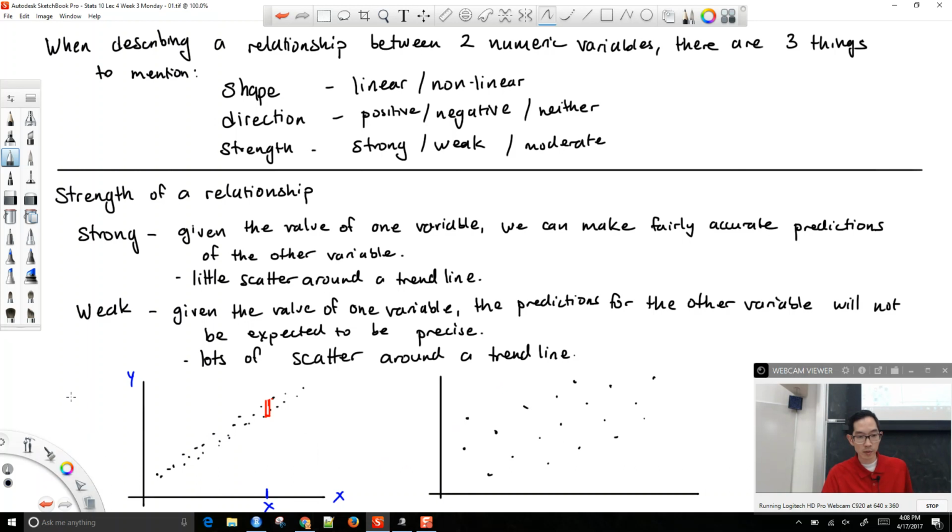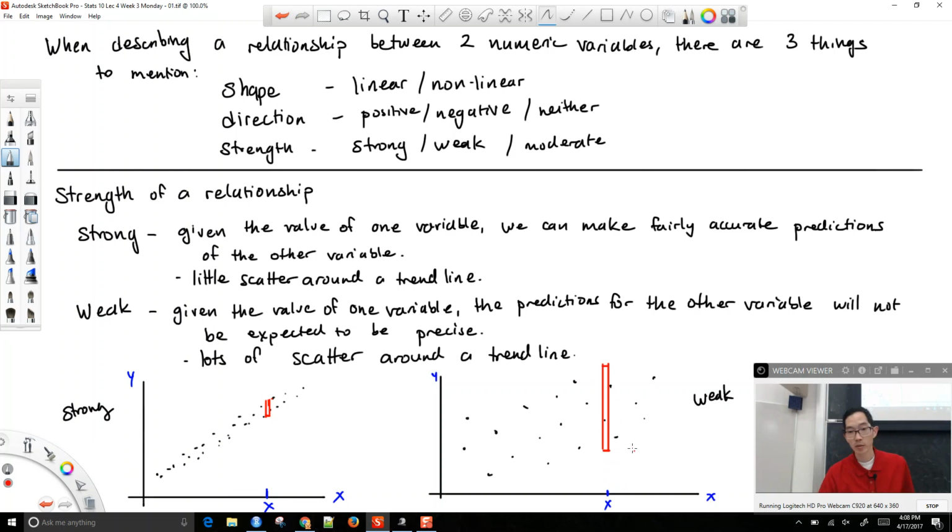So over here we would say strong, and over here we would say weak. For this one, if I give you an x, your predictions for y, the window is much wider.